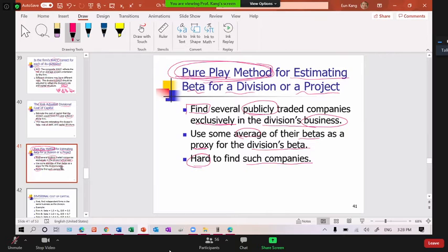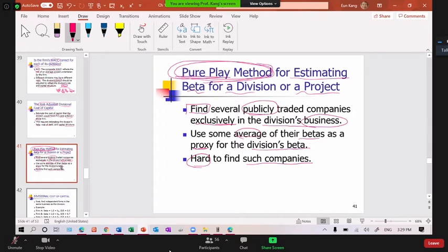In that case, there is a way. You may find out how much of the company's business is in that specific business. That is the weight. The higher the weight, the purer the company, right? So you may want to use some weighted average. I'll talk about that later.